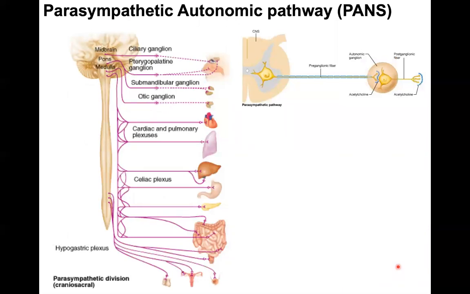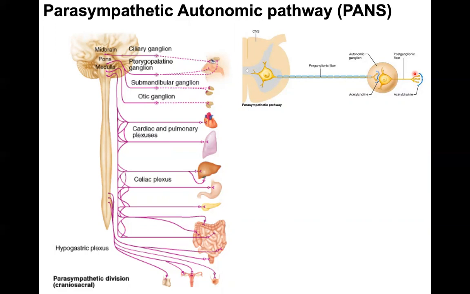Whew. Take a deep breath and relax, because now we're in the parasympathetic autonomic pathway, and this one's a lot easier. So recall that in the parasympathetic autonomic nervous system, the preganglionic axon is really long and myelinated, and the postganglionic axon is really short and unmyelinated, and they don't typically show branching.